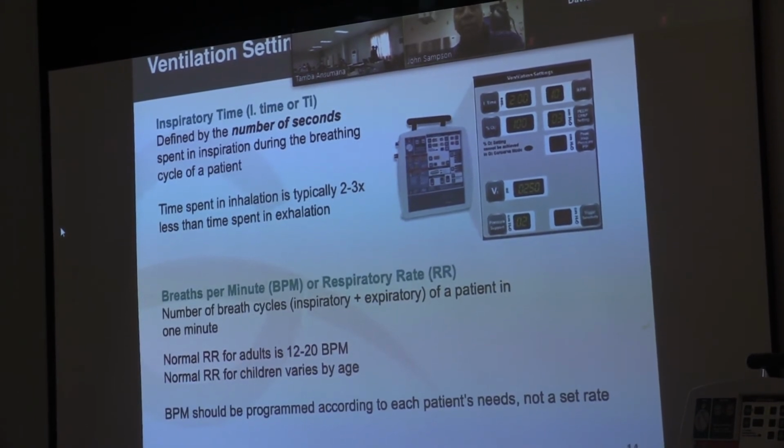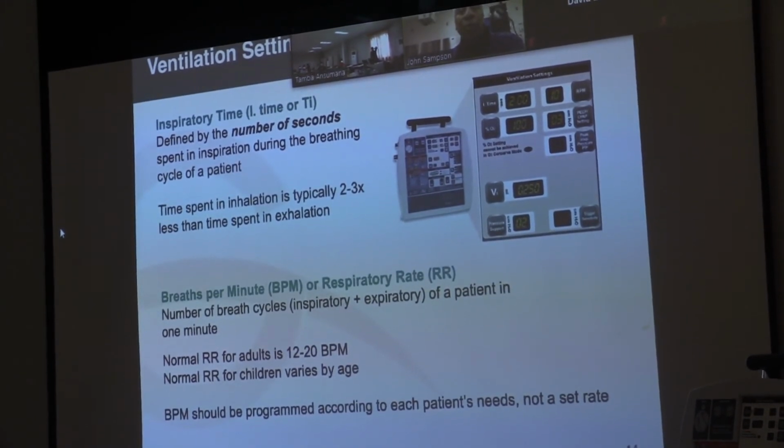And now we're going to go to some of the ventilator features itself. Is it easier for you guys to see the screen and do this, or is it easier for you to see the ventilator itself? I'm assuming there's only one ventilator in the room, or is there two?